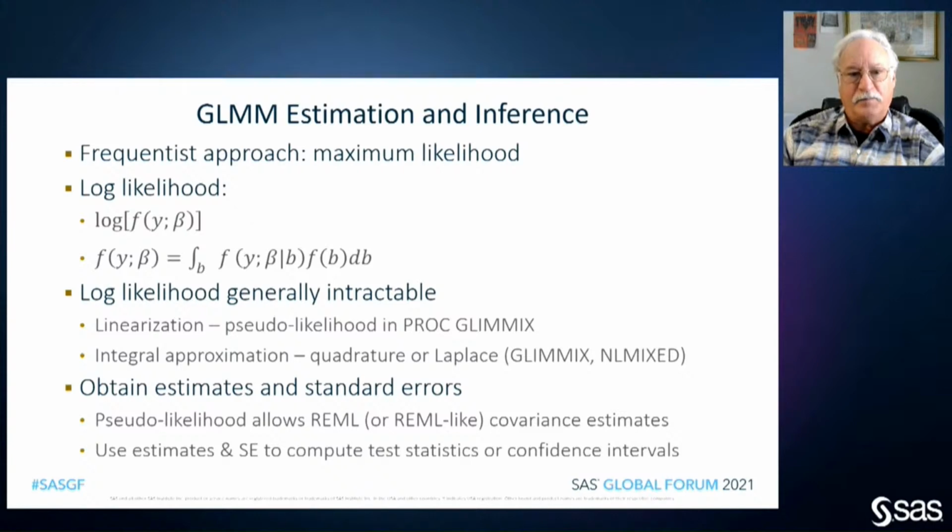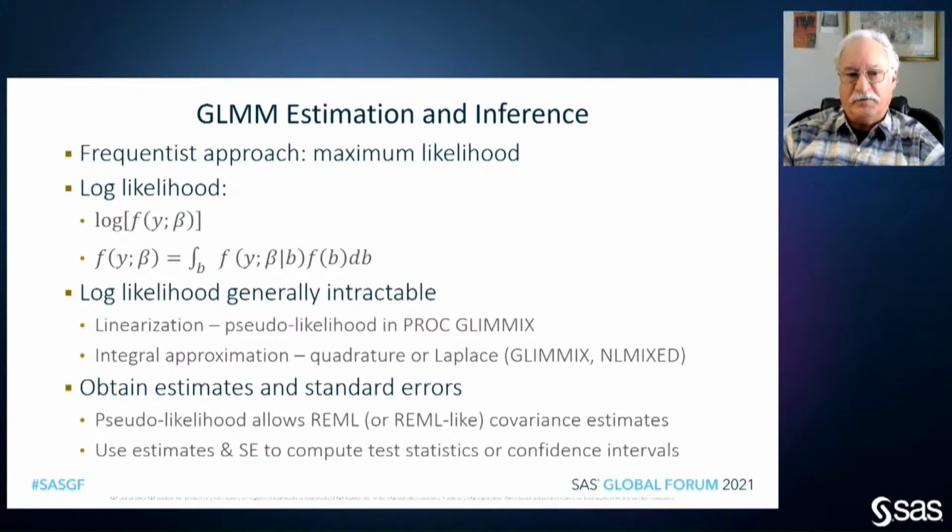It's obtained by taking the joint distribution, so that would be f of y given b multiplied by f of b, the random effect. We integrate out the random effects, and that gives us the marginal distribution, and this is the basis of obtaining maximum likelihood estimates of the model effects.